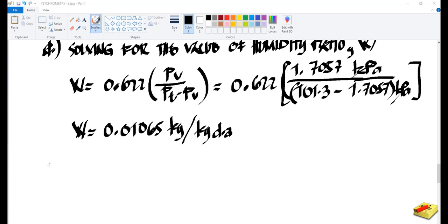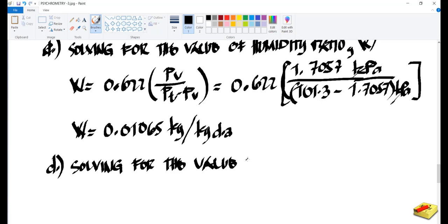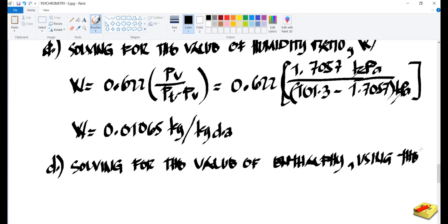Then let's go to D. So D is solving for the value of enthalpy, using the IHBE formula.